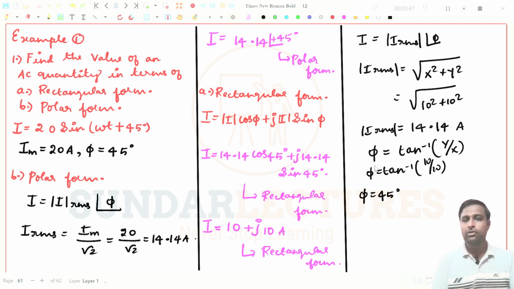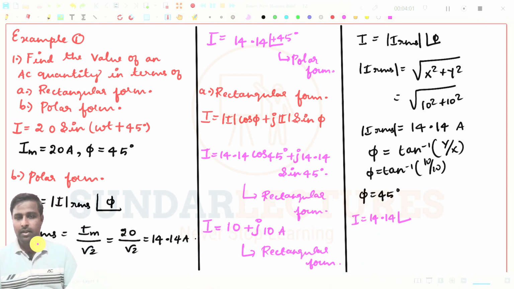So how will you write this right now? This is the modulus of the RMS value, and this is the value of phi. So I will be equal to 14.14 at an angle of 45 degrees amperes.